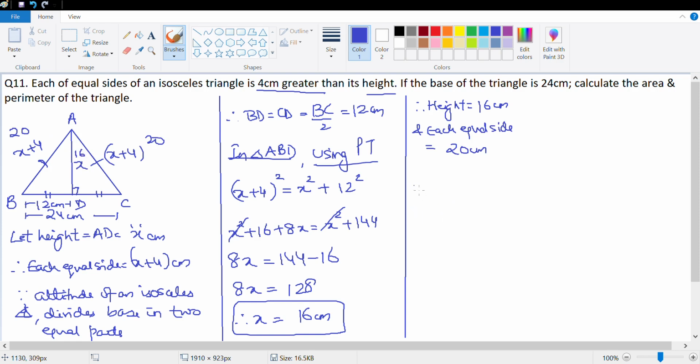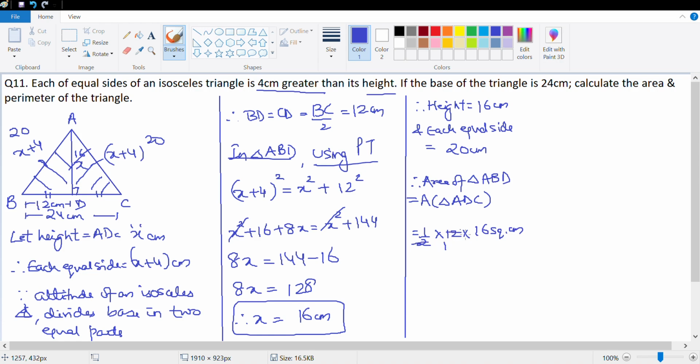Perfect. So therefore area of triangle ABD is equal to area of triangle ADC. These two are basically congruent triangles, and their area will be equal to half into base, in this case 12, into height, which we calculated as 16 centimeter.